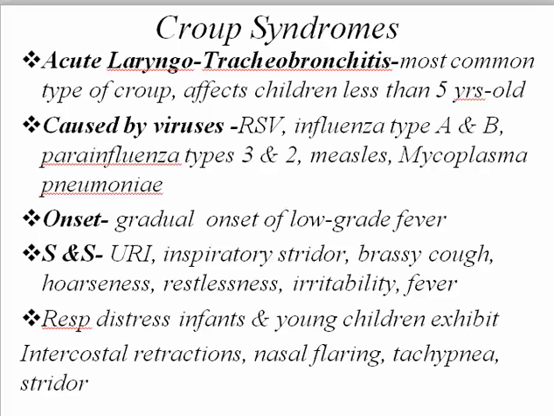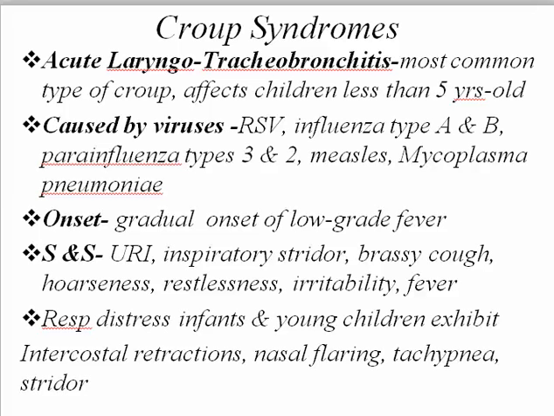They'll have an inspiratory stridor, because there's narrowing of the airway and the air is trying to get through it. They'll have a brassy cough and some hoarseness. They may have some dyspnea. They'll be restless and irritable, and they would have a low-grade fever.